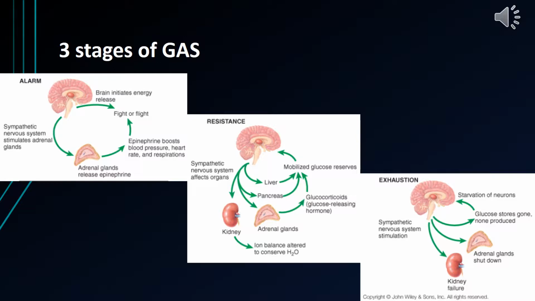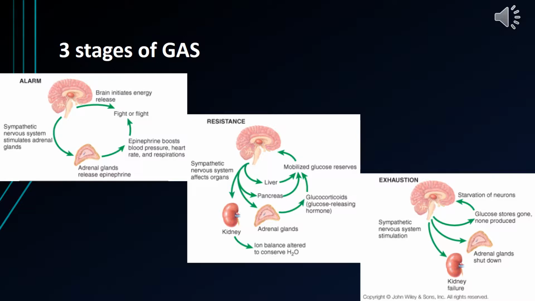So in the resistance phase, the sympathetic nervous system affects organs other than the adrenal gland, and these organs include the liver and the pancreas, and the adrenal gland, obviously, and the kidneys, which causes an alteration in ion balance so that we can conserve water.